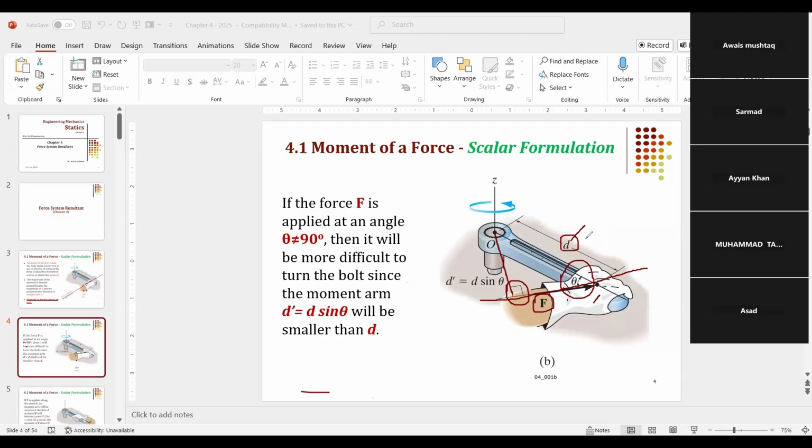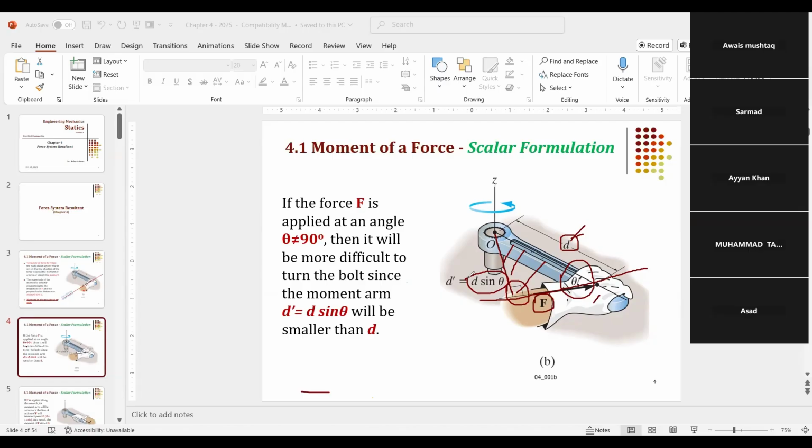So our moment arm is not D, but by using this right angle triangle, we can get the perpendicular distance. Our perpendicular distance is d sine theta. Always remember that to calculate the moment, we must multiply the force with the perpendicular distance.